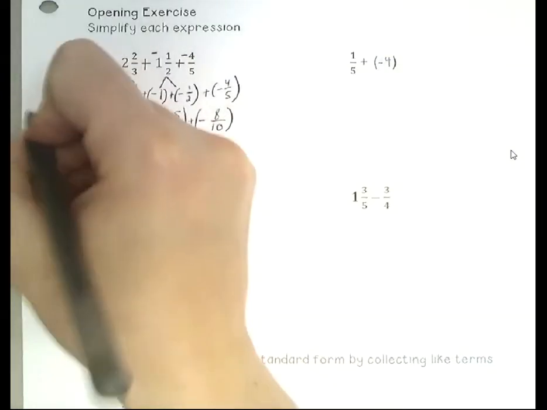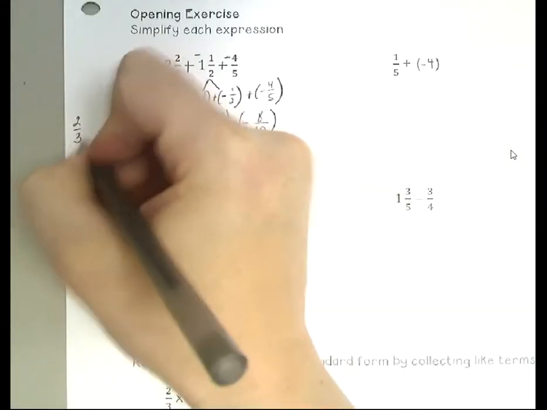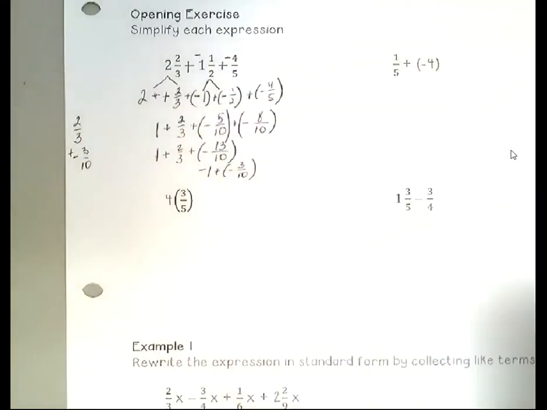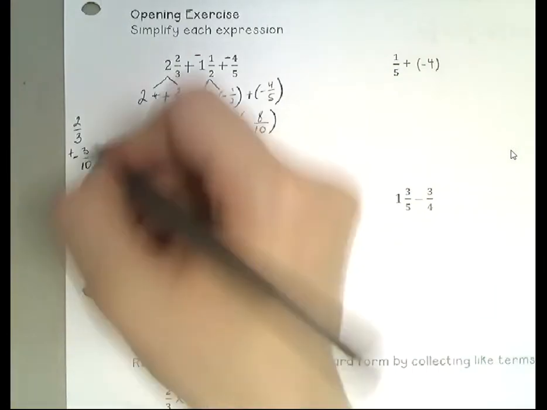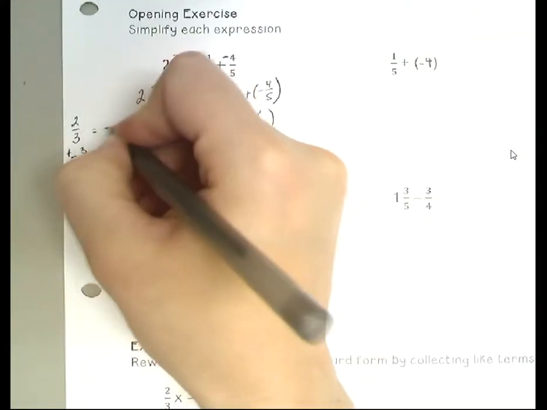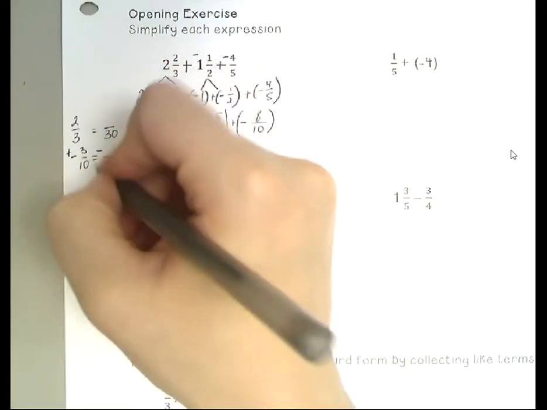We'll do it on the side. 2/3 plus negative 3 tenths. The common denominator here will be 30. So this was still negative. I need to remember that.